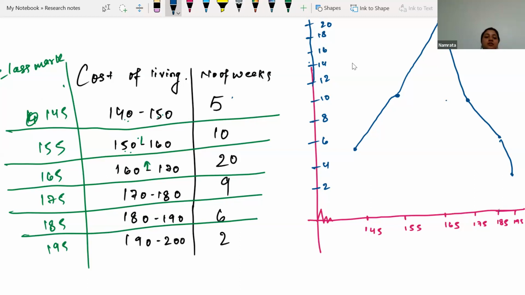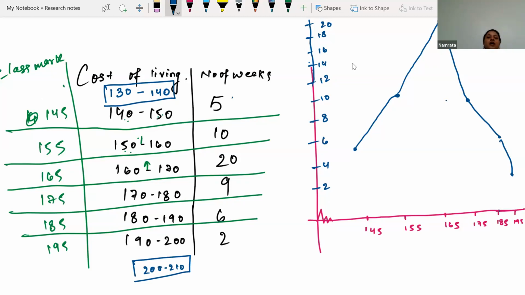So before this one, do you agree that one interval has to be there, like 130 to 140, an interval which we take by ourselves? Yes or no? And next to this interval, there will be an interval which we take by ourselves to make it a closed figure, that is 200 to 210. Yes or no?